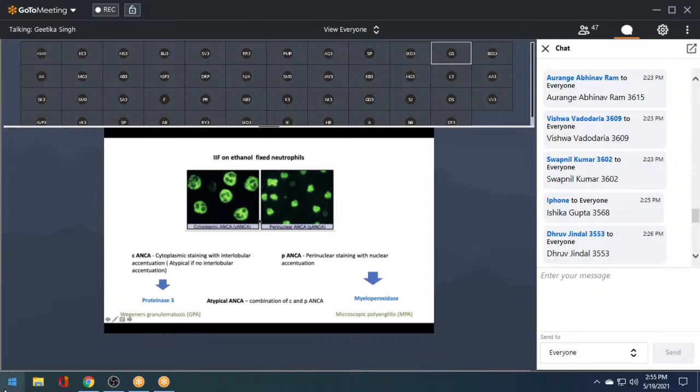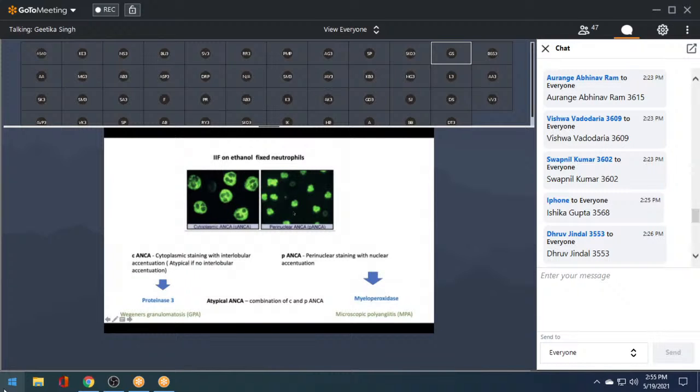So it is called cytoplasmic ANCA, C-ANCA, if you see a cytoplasmic pattern with interlobular accentuation, as you can see here. So you can see it's cytoplasmic, it looks quite granular, but then you see this interlobular accentuation. Now you can call it an atypical C-ANCA if it looks cytoplasmic, but it doesn't show interlobular accentuation. Okay, so these are just pattern-based diagnoses that are given.